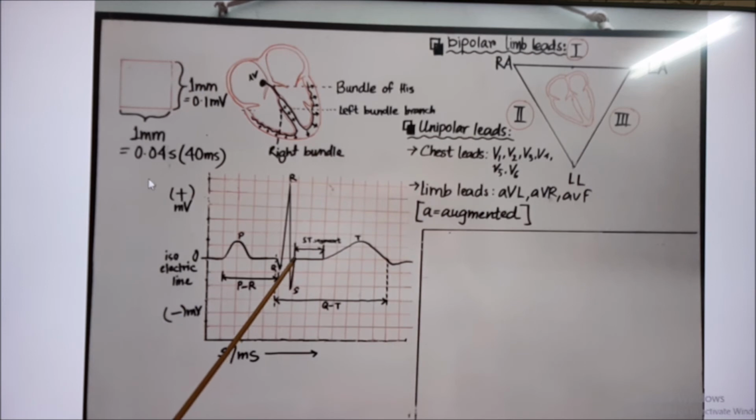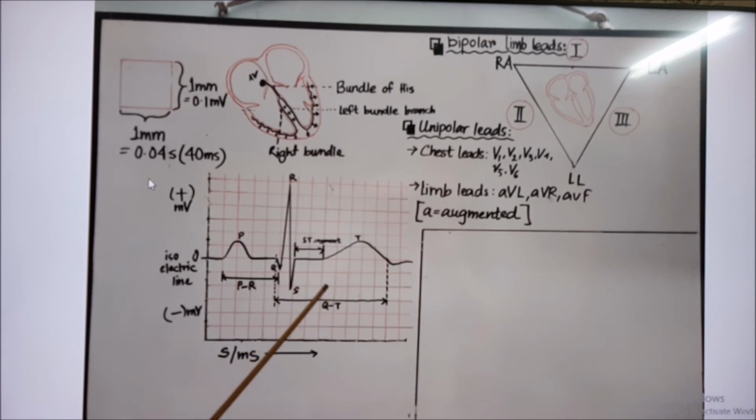That isoelectric segment between the ending of the S wave and the beginning of the T wave is called the ST segment. Another is the T wave, from the beginning to the end of T.